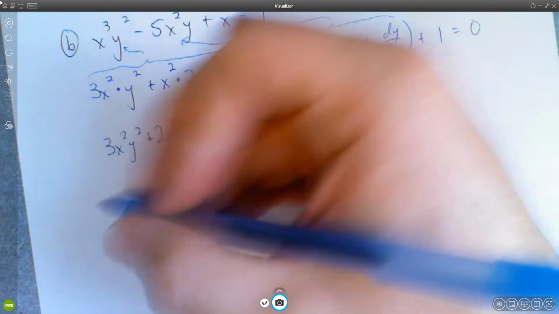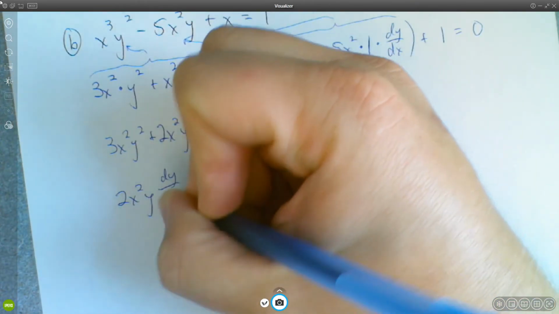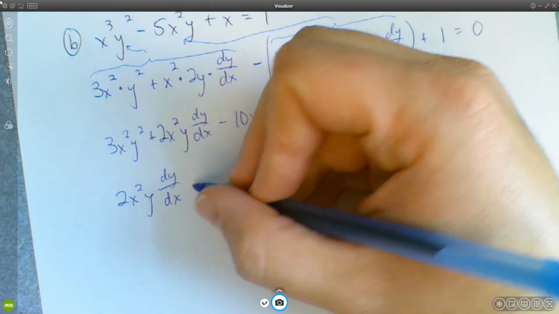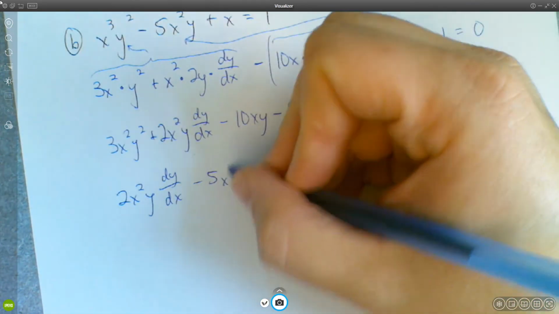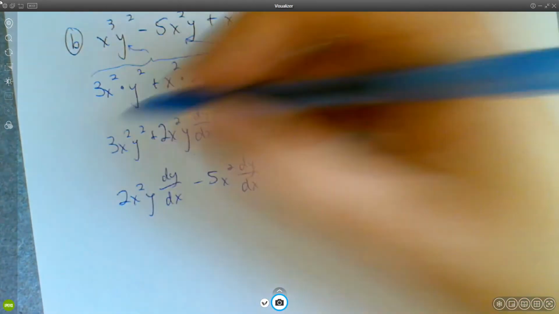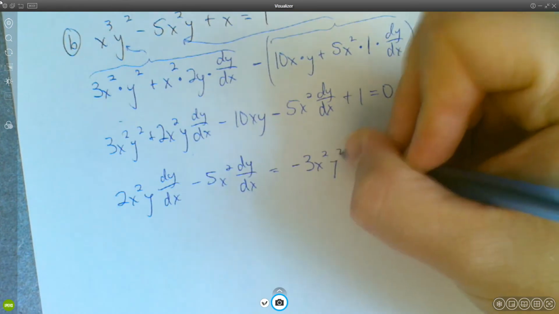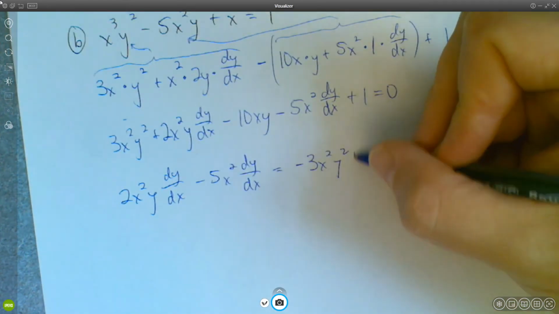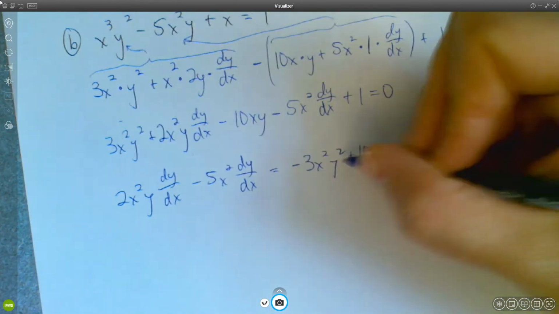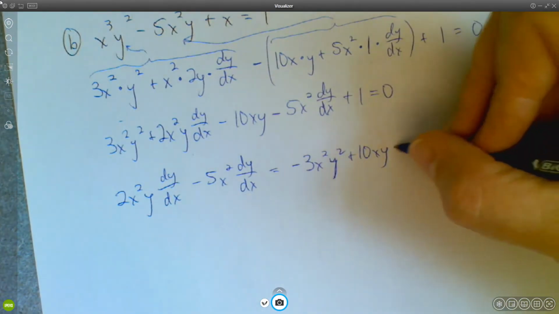Okay, so I have 2x squared y dy/dx minus 5x squared dy/dx equals, and then I'm going to move this term over, so it's going to be a negative 3x squared y squared. I'm going to move this term over, so it's going to be a plus 10xy. And I'm going to move this term over, so it's going to be minus 1.